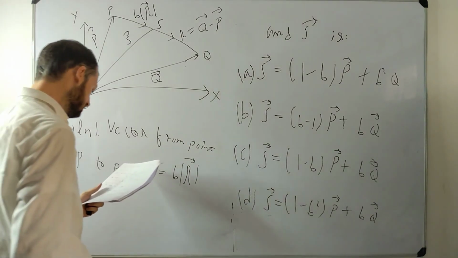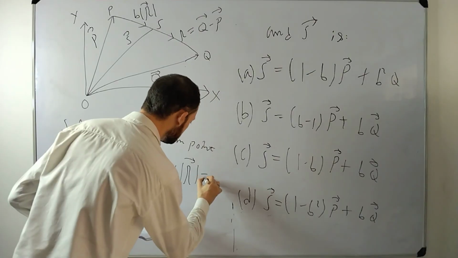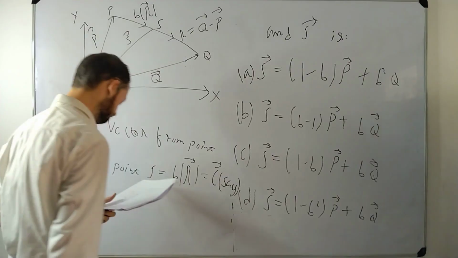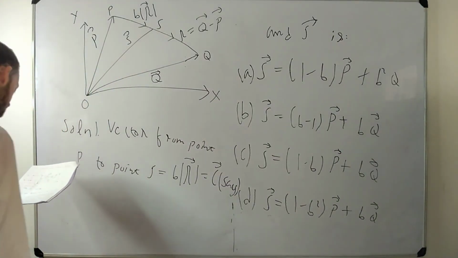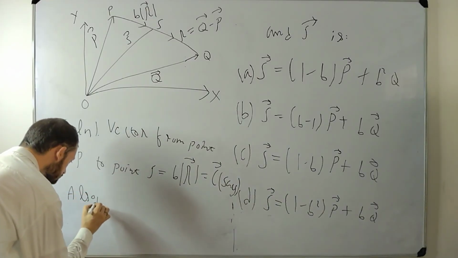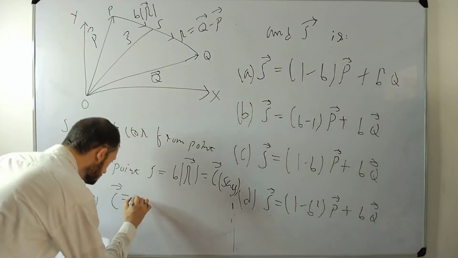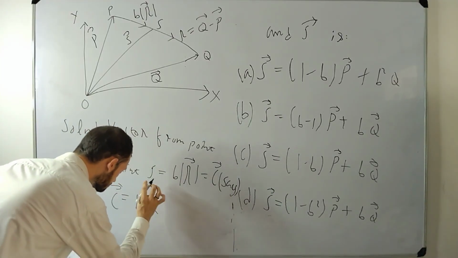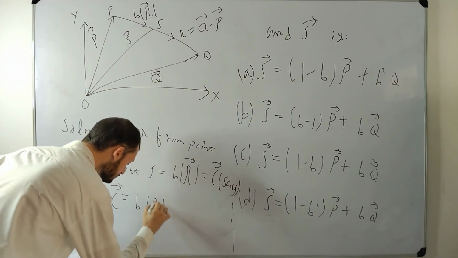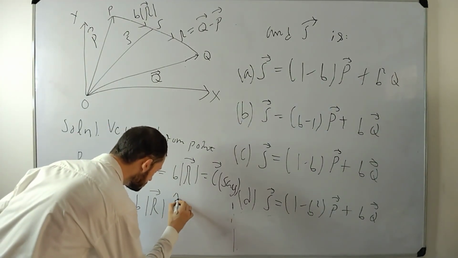And I am taking it to be C vector. Say C. C vector is such that BR vector and this is R cap, unit vector.